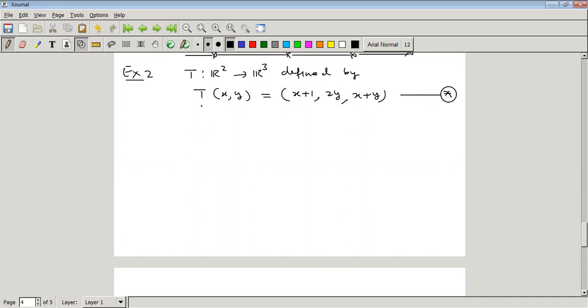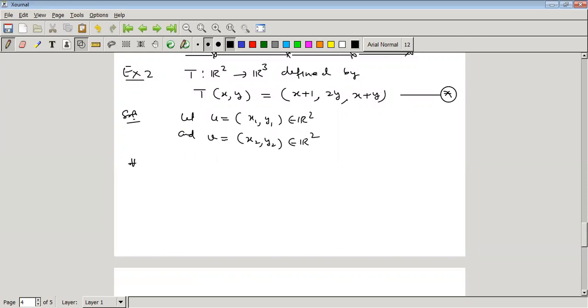Okay. So again, what we have to prove? T of alpha x plus beta y equal to alpha times T of x plus beta times T of y. So let u is equal to x1, y1, this belongs to R2, and v is equal to x2, y2, this belongs to R2.